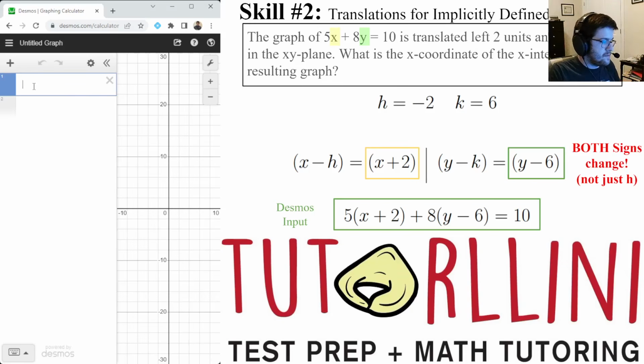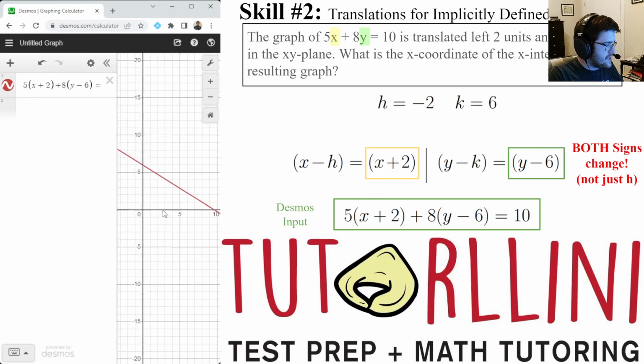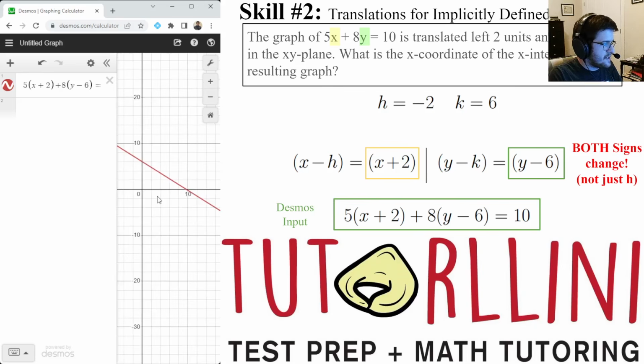Okay, everybody, so once we got that first step done on the actual test day, where we figured out the horizontal and vertical shifts, we could just go ahead and type this in. Desmos will plot it for us, and we can find both the x and the y-intercept just by clicking. So the x-intercept is 9.6, that's what we got before, and the y-intercept is 6.